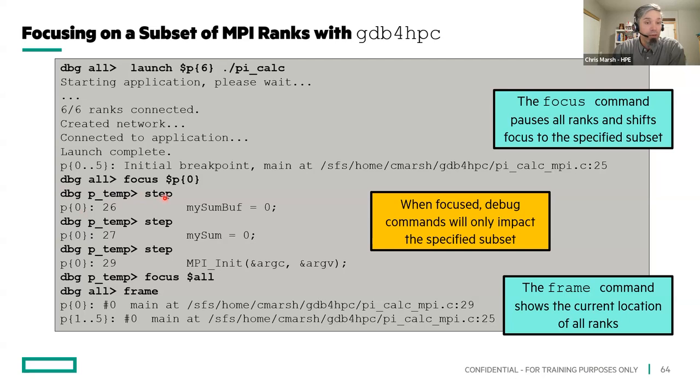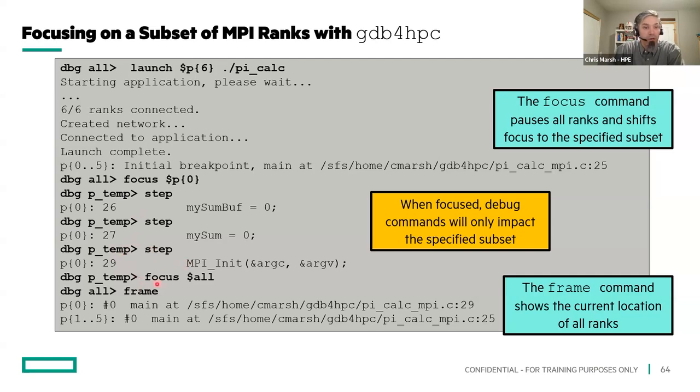So we can run commands, we can step, we can continue, we can next, we can do whatever, and whatever we're doing with our interactive debugger is only going to apply to our focus, right? So now I've stepped, I'm at line 26. I've stepped again. Now I'm at line 27 and 29. Presumably there was nothing going on line 28.